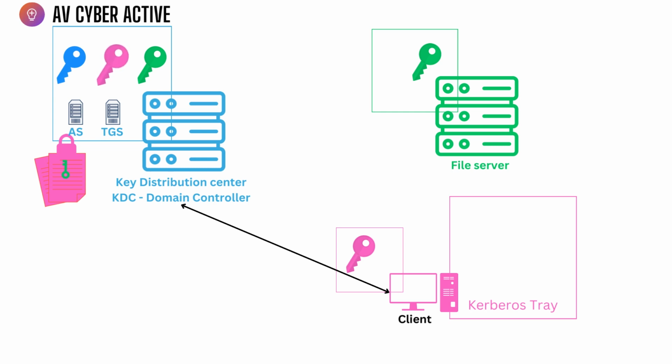If the KDC can't decrypt it, well, this was clearly encrypted with a password other than the one I know, so this user isn't who they say they are. But if the KDC can decrypt it, then the user must be who they say they are because they used the correct password. So from this point onwards, the KDC doesn't need the authenticator anymore. It can just go away.